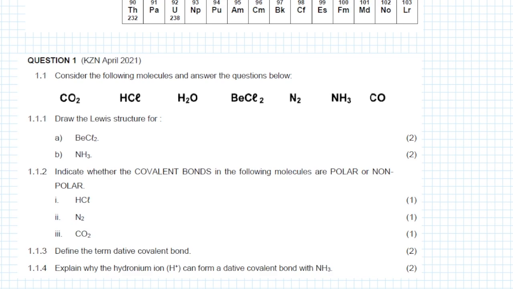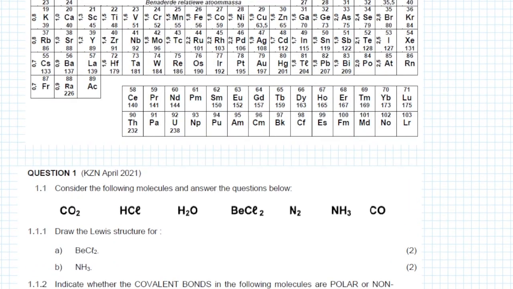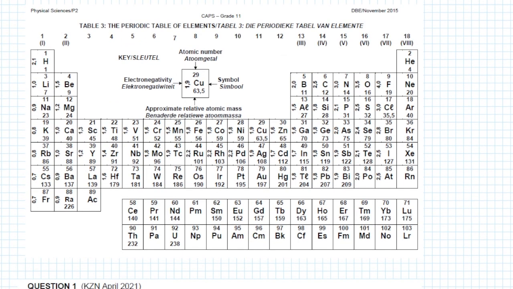So, in order to answer this question, it's important that you're familiar with your periodic table. This is a periodic table of the kind that you would be given in a November exam. We know that in this section, we often speak of valence electrons. Those are the electrons in the outermost energy level of the atoms, and they are responsible for bonds forming. So if we look at the group 1 elements, their atoms contain 1 valence electron.